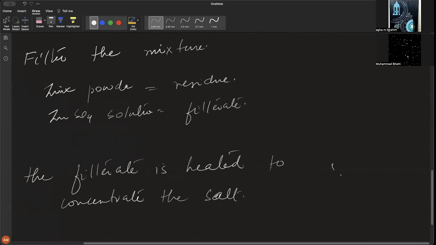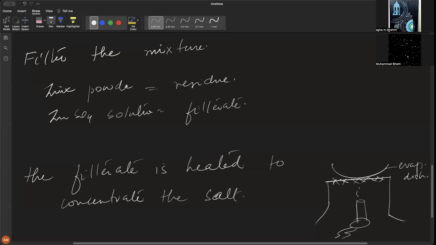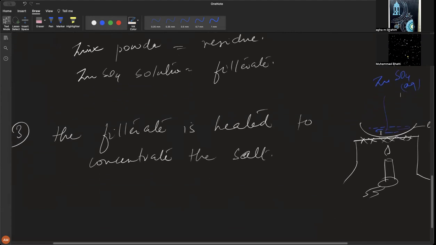So this filtrate is going to be placed on a tripod stand with the wire gauze, in an evaporating dish with a burner. This zinc sulfate solution is evaporated to concentrate the salt solution.